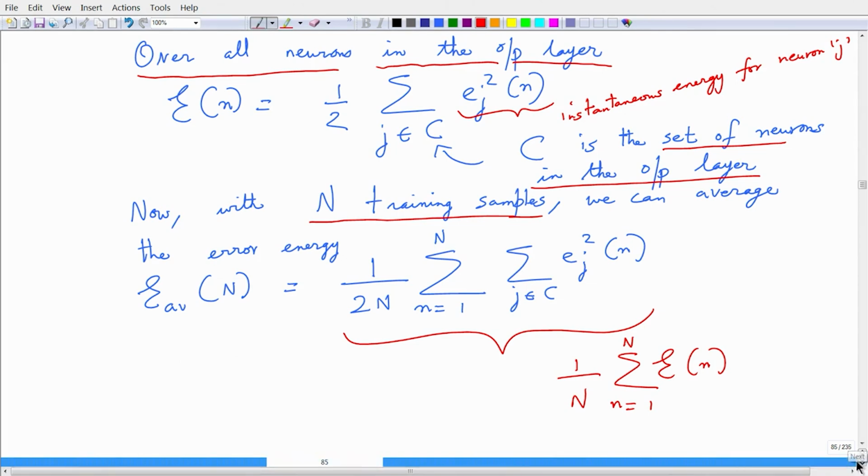One important note before we get to the next slide is the following: this metric is a quadratic cost, and we want to adopt this criterion so that it helps simplify our algebra and makes the mathematics easy.